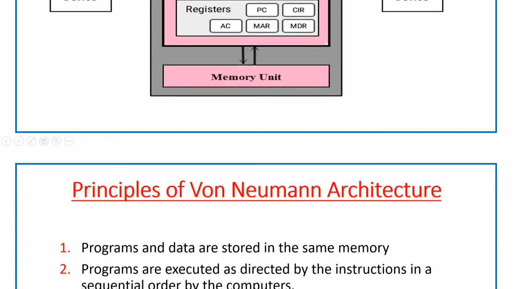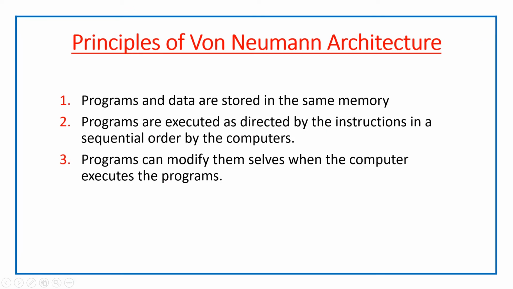Now the principles of von Neumann architecture are: number 1, programs and data are stored in the same memory, meaning in one single memory data and instructions are stored. Number 2, programs are executed as directed by the instructions in a sequential order by the computer. The instruction directs how the program will be executed.